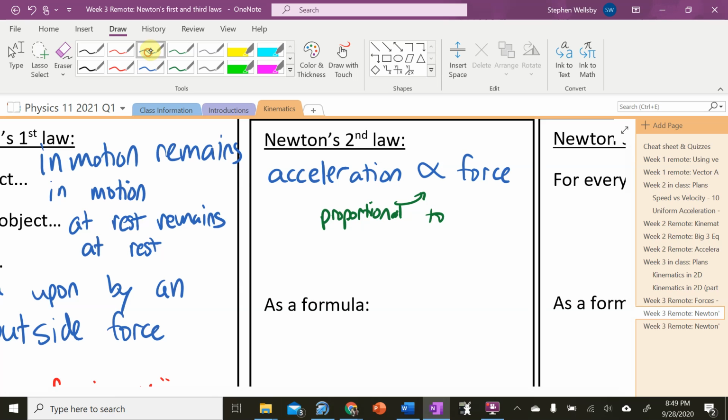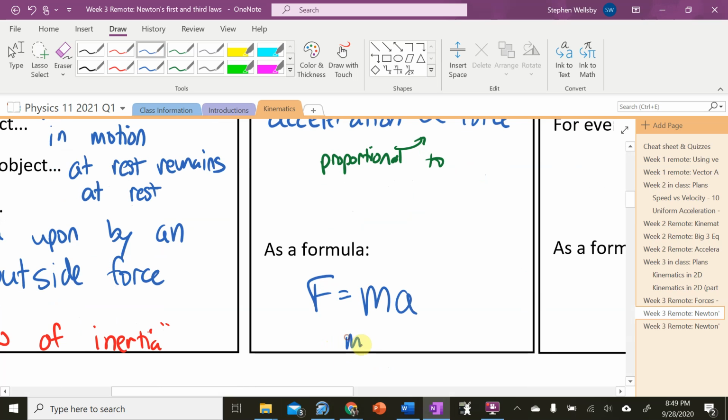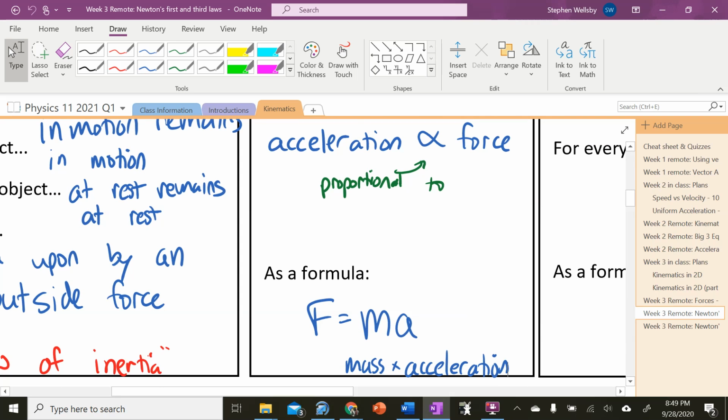We most often see this written as a formula, F equals m times a, which is mass times acceleration. What this statement means is that if we double the force on an object and the mass remains constant, then we double the acceleration. If we have half the force, we'll have half the acceleration.